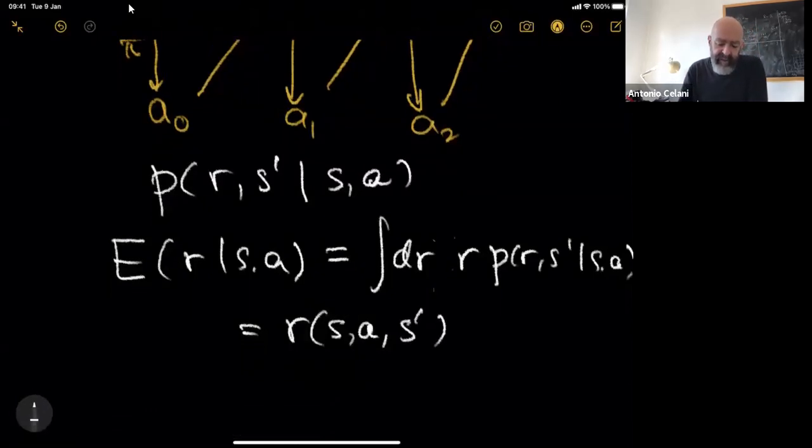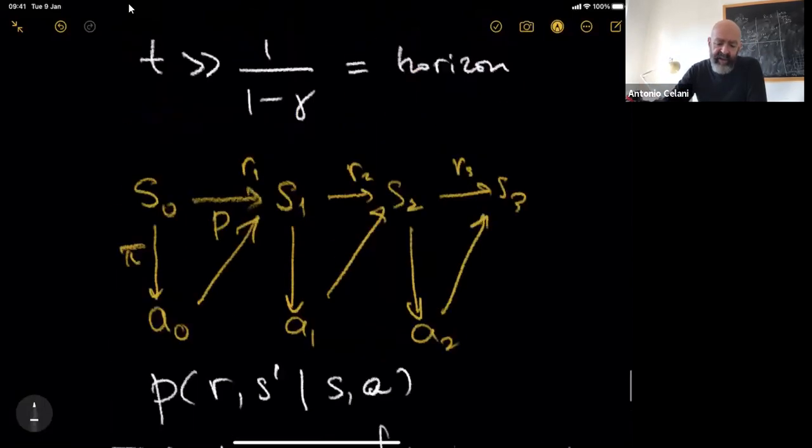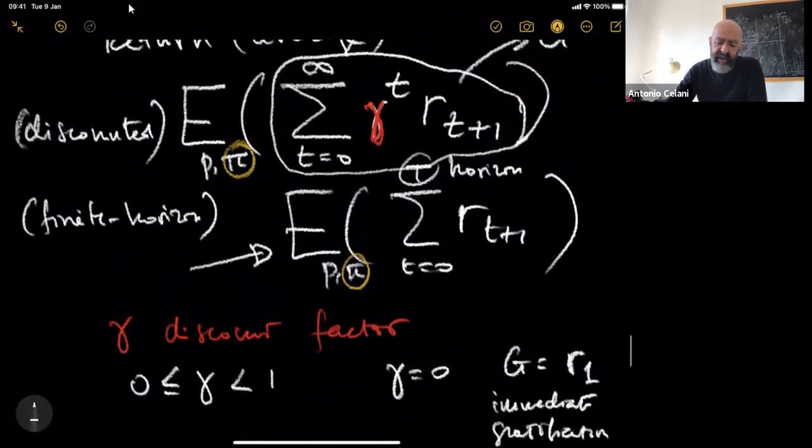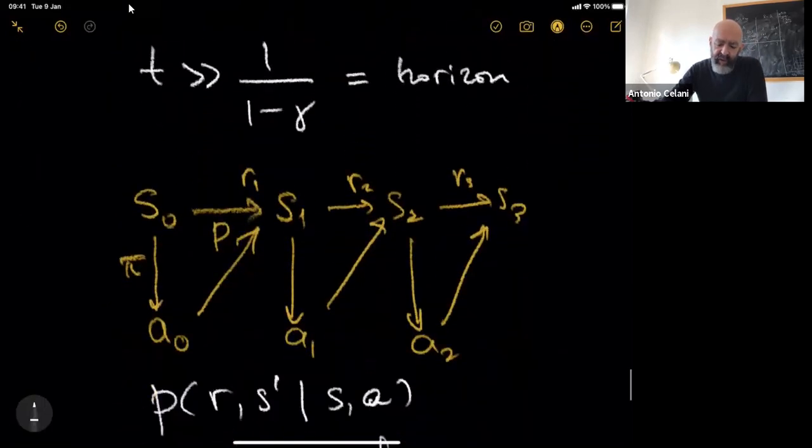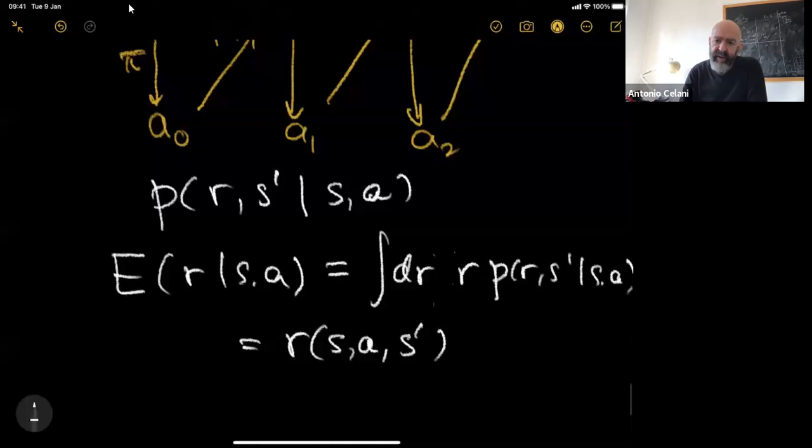So these R's in general are random variables, which can be experienced at every time you move from a state to another state through an action. But in the process of optimization, since you are interested only in averages here, it's useful to introduce this conditional average, and we will call this the average reward.